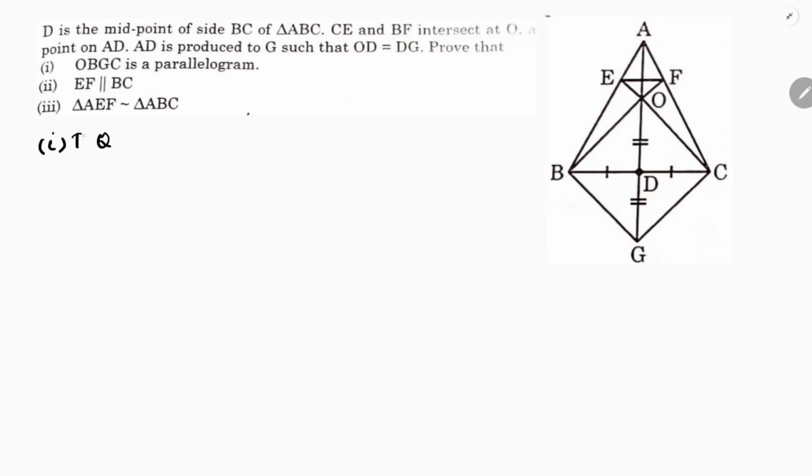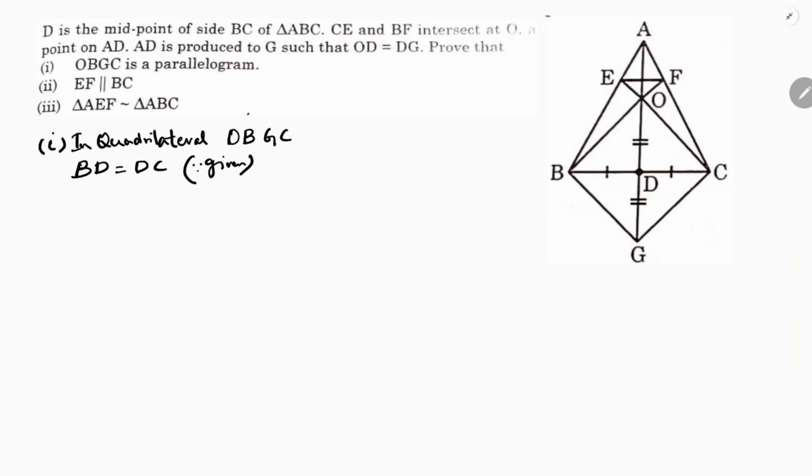in quadrilateral OBGC, if you observe OBGC, see BD is equal to DC, which is given.